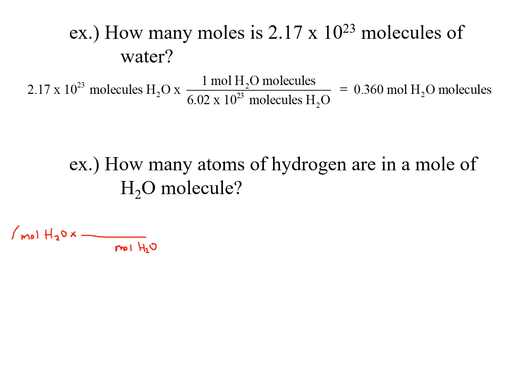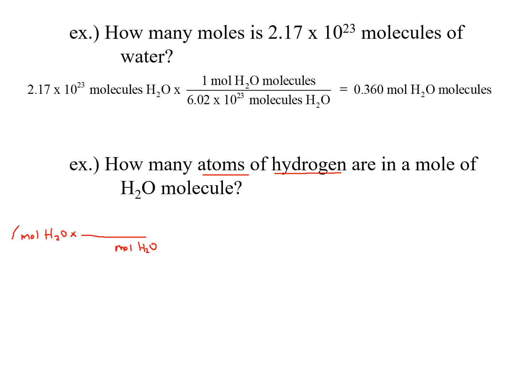Now, this wants me to go to atoms of hydrogen. I cannot take atoms of hydrogen and put it on the top here because moles of H2O and atoms of hydrogen are 2 completely different things. They're not related to each other in any way.